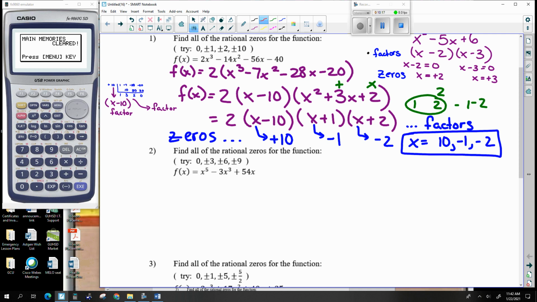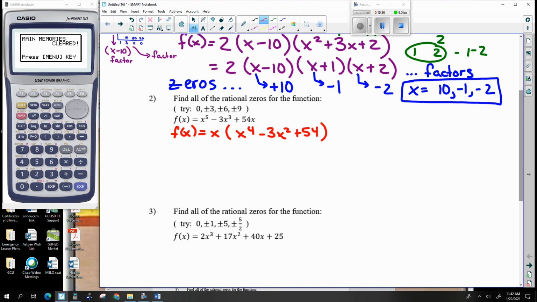This problem right here. I see that I can GCF. So I can take out an x, which turns this into an x to the fourth minus 3x squared plus 54. You might think that this is a simple ABC, but it's not, because the simple ABC relies upon an x. Oh, I can simple ABC this.